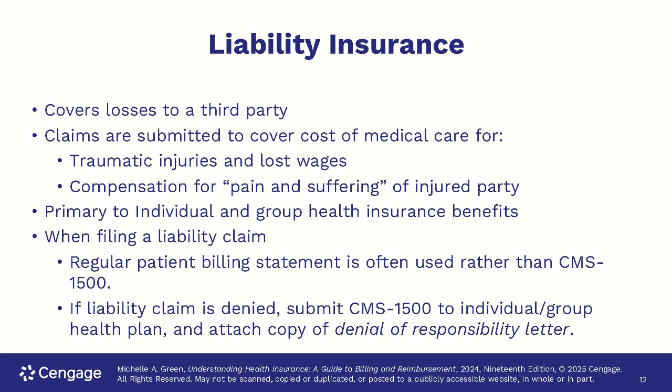So the insured is basically at fault. Liability insurance claims are made to cover the cost of medical care for traumatic injuries, lost wages, and in many cases, compensation for the person's pain and suffering.